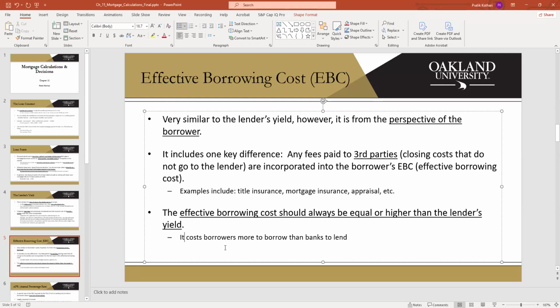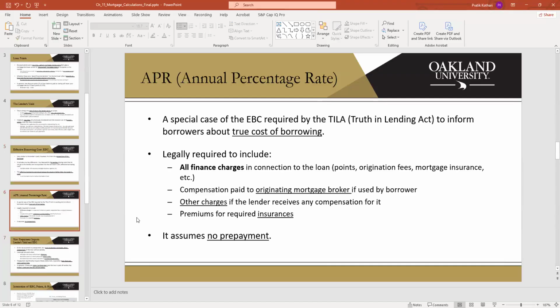Basically, it costs the borrowers more money, or a higher percentage cost, to borrow than what bankers are yielding because of the third party fees. Okay, simple enough.